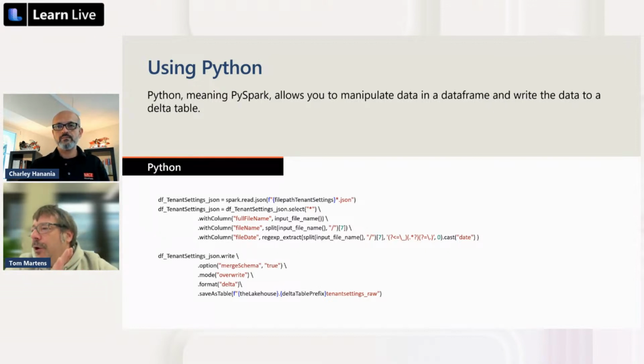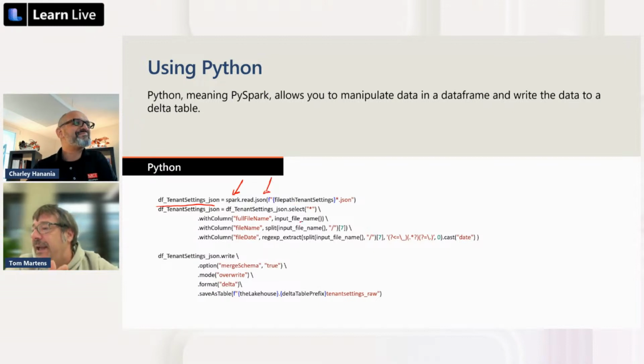First, there's this variable on the left called df tenant settings JSON, a data frame based on JSON files given in a certain directory. Thank you for highlighting this.